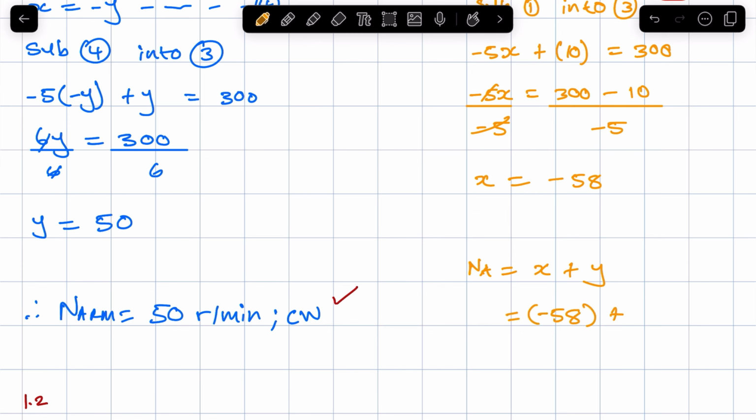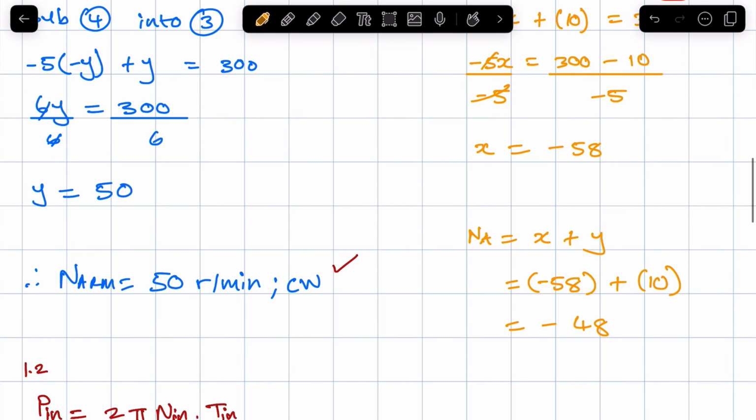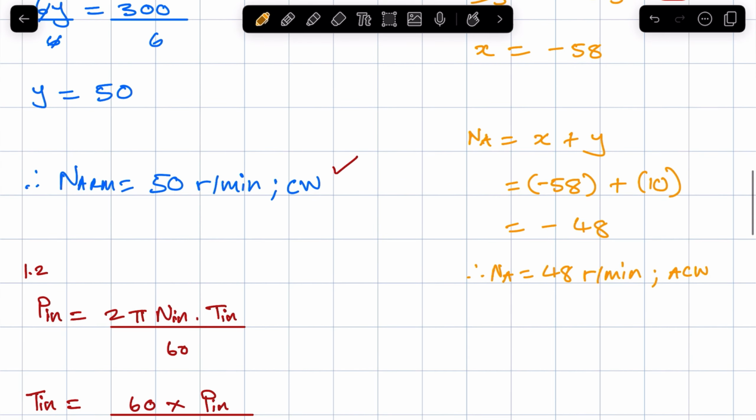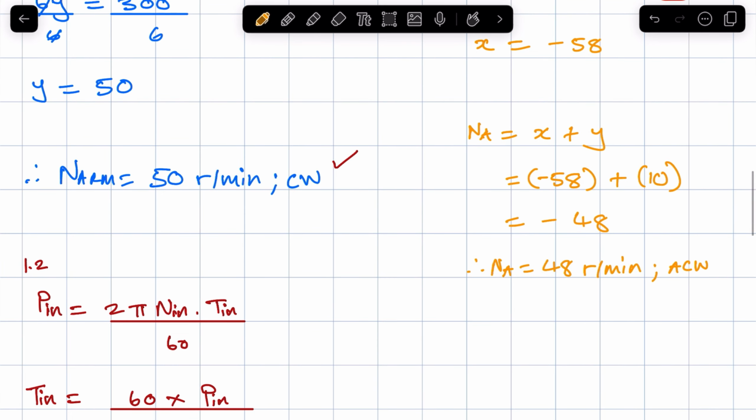Y is equal to positive 10. And here you get minus 48, right? So that means NA is actually equal to 48 revs per minute. Since it was negative, it means it's going anti-clockwise, right?